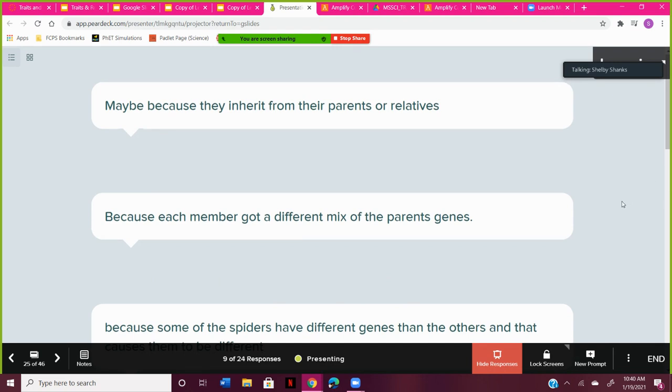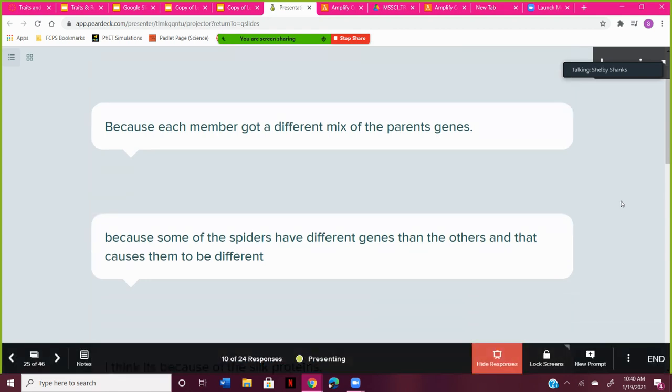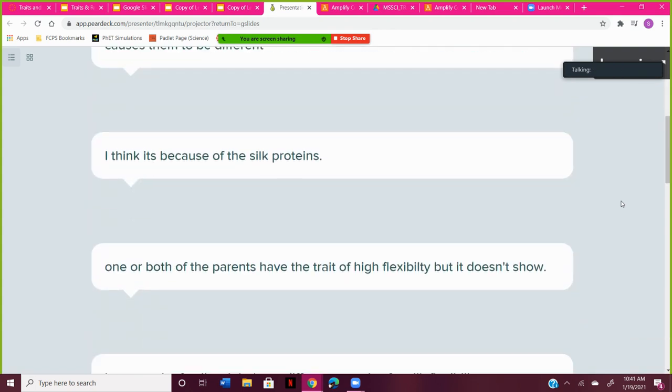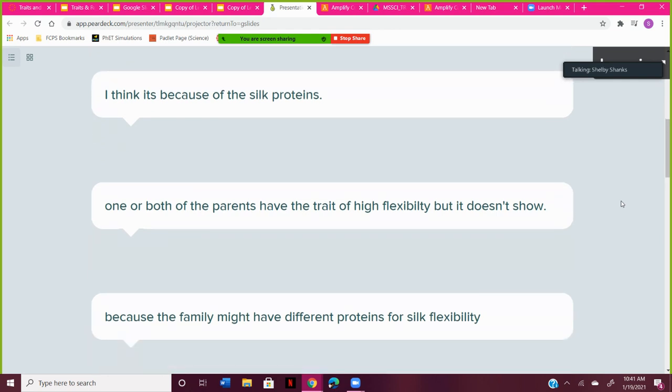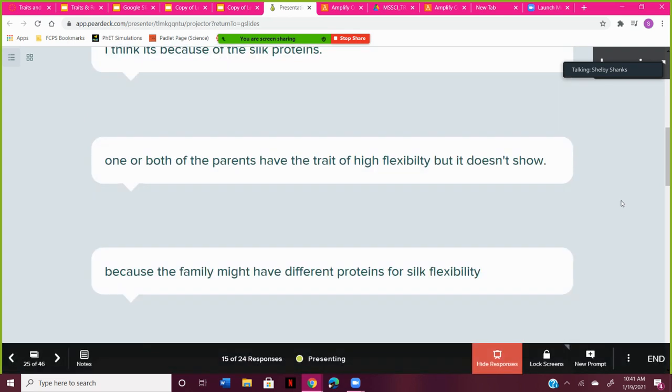Okay, they inherit it from their parents or relatives. They have a different mix of the parents' genes. Okay. One or both of the parents have the trait of high flexibility, but it doesn't show.